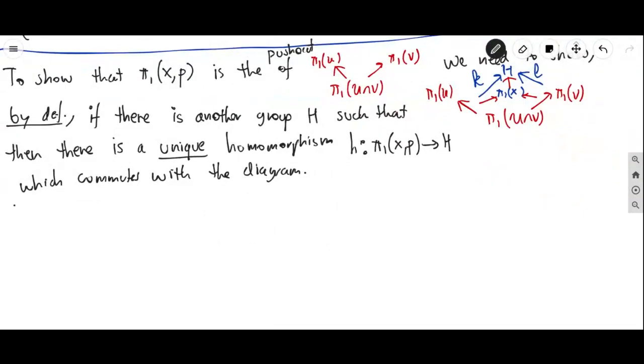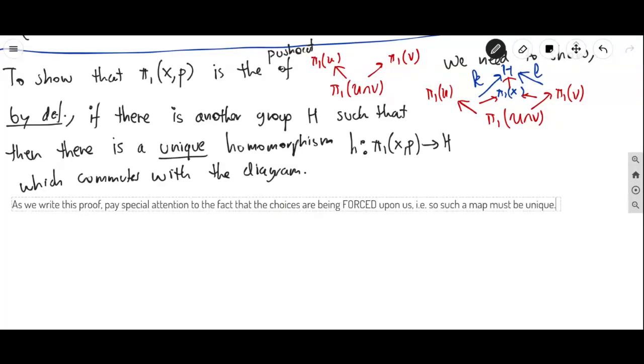So as we write this proof, pay special attention to the fact that the choices are being forced on us. So such a map must be unique.